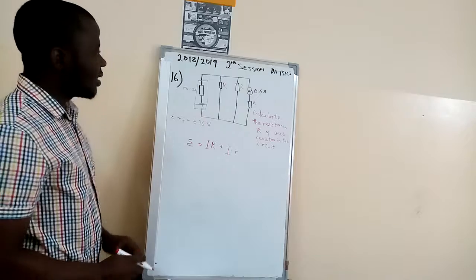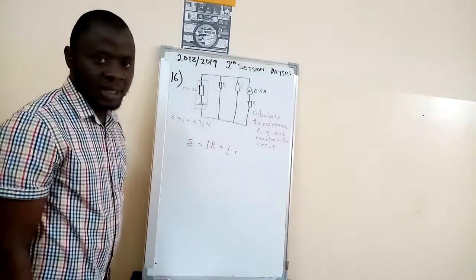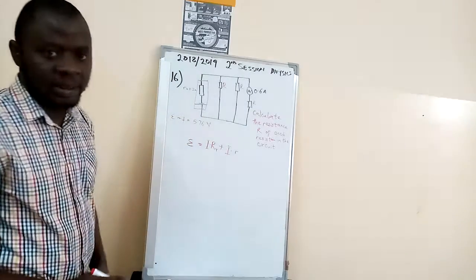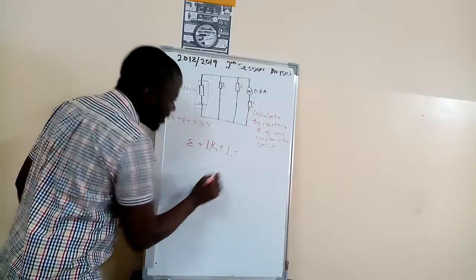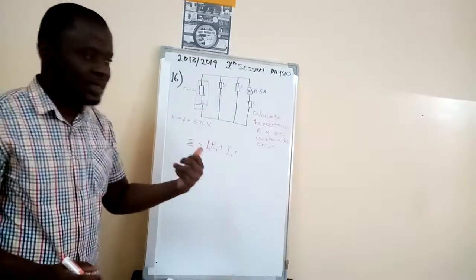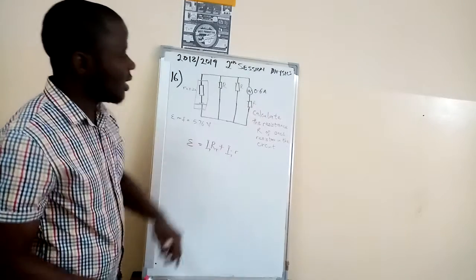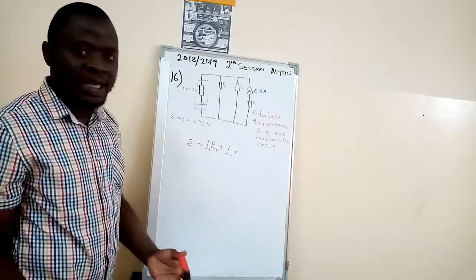This capital R is the total resistance of the circuit. I hope you are following. So for that reason, I would like to put R total here. And I would also like to put I total here, which is telling me the total current in the circuit, because the 0.6 ampere is the current in the last resistor. Are you following? Okay, how do I get the I total?